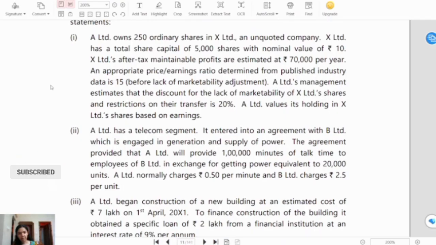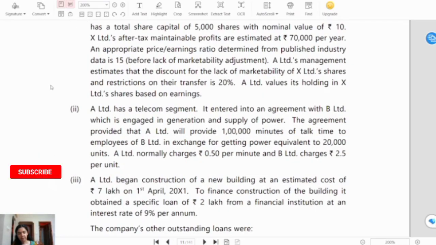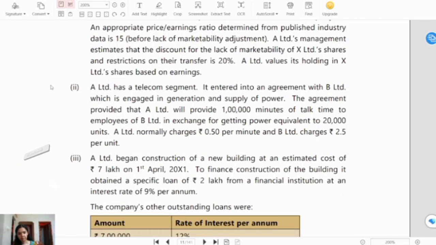An appropriate price earning ratio determined from published industry data is 15 before lack of marketability adjustment. A Limited's management estimates that the discount for lack of marketability of X Limited shares and restrictions on their transfers is 20%. A Limited values its holding in X Limited shares based on earnings.